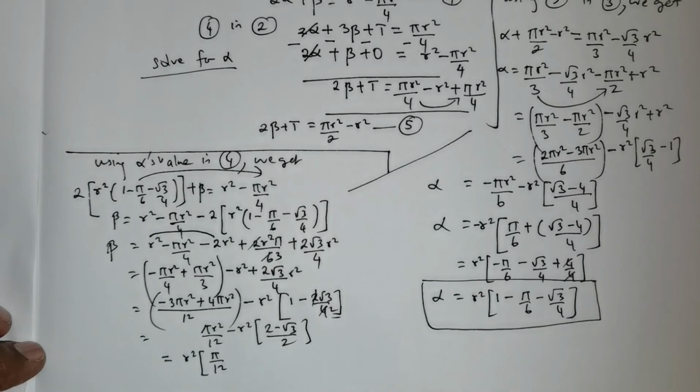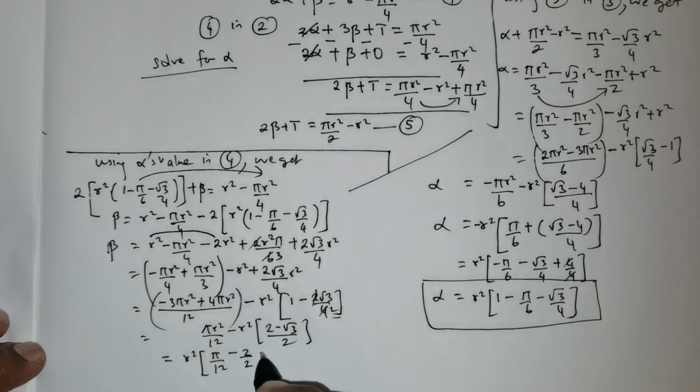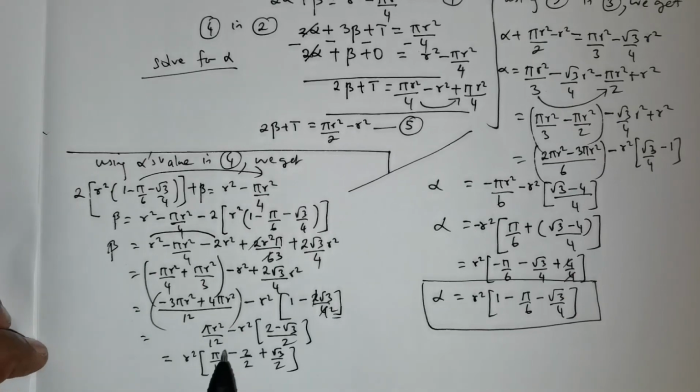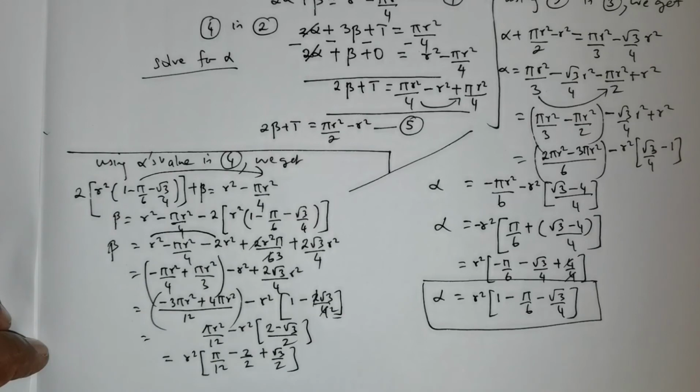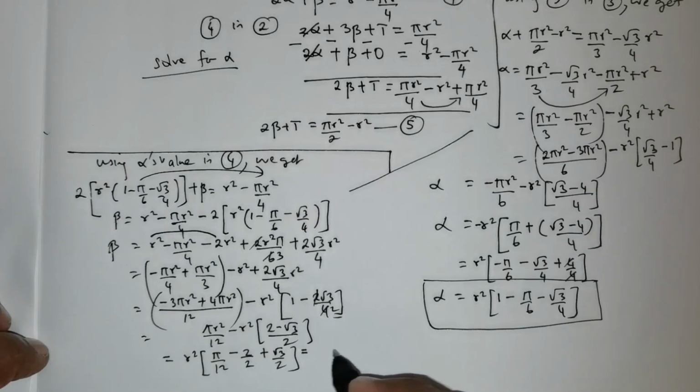When I do that, I would get pi over 12, and this would be negative 2 over 2 and positive root 3 over 2, because I'm taking the negative inside. So that would mean negative 2 over 2 and positive root 3 over 2.